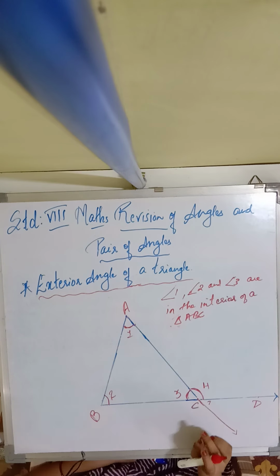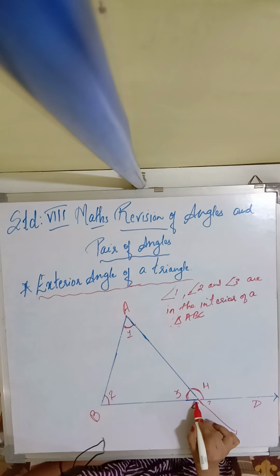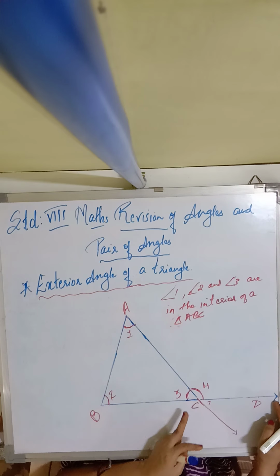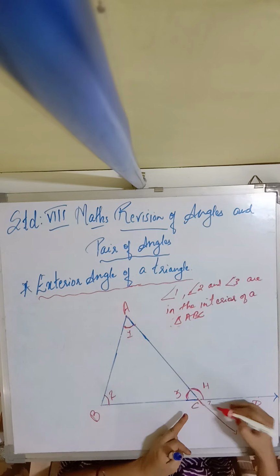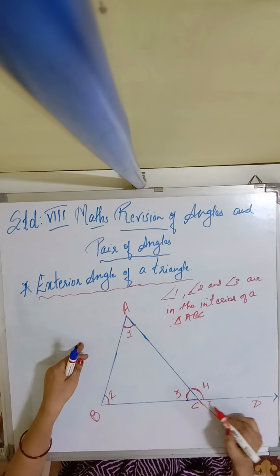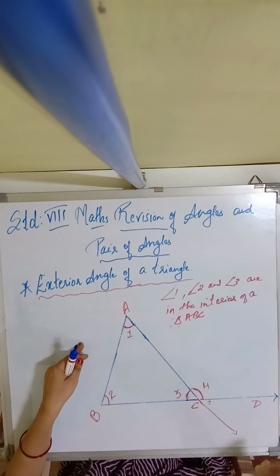Now you can see that I have extended this side BC. This extended side BC is forming an angle ACD, and that angle we have named as angle 4.